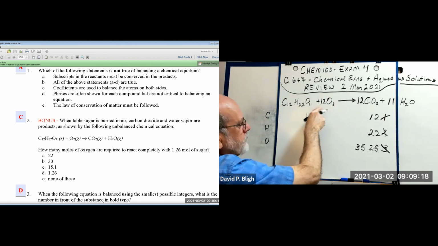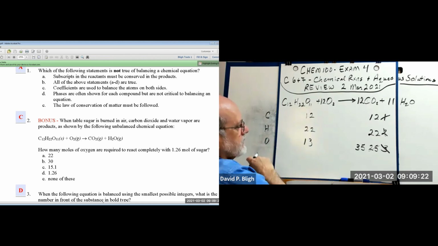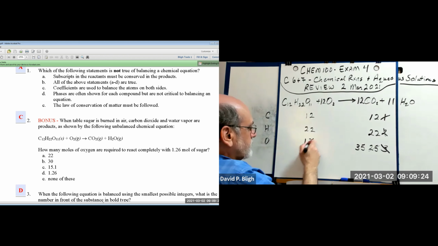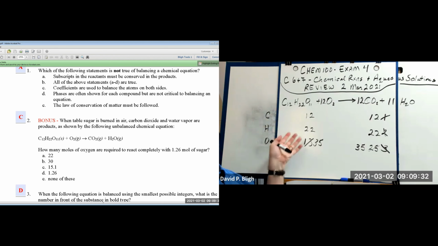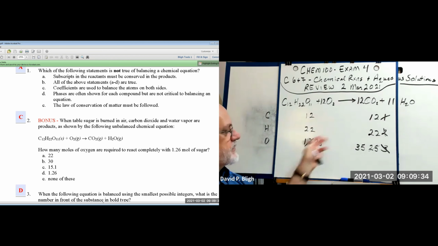Right? 24 and 11 is 35. So that looks to me like it's balanced. And that's the beauty of this budgeting system. You can tell in an instant whether you're balanced. And then, of course, if your grade depends on it, you want to check yourself.